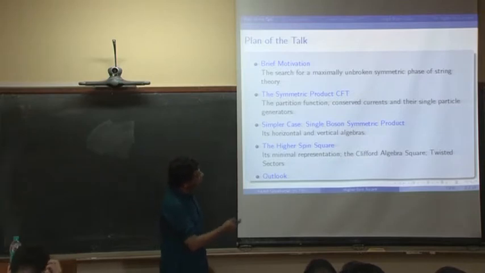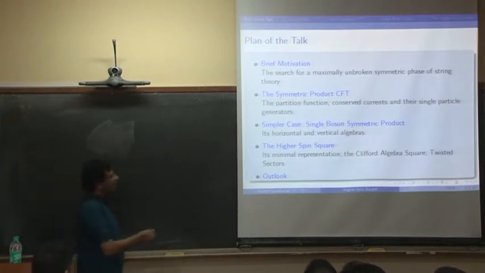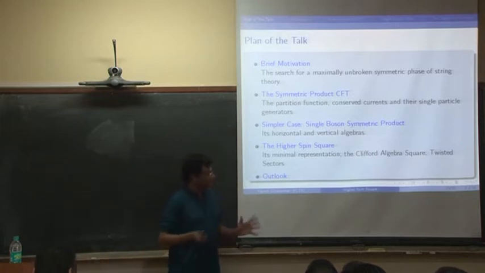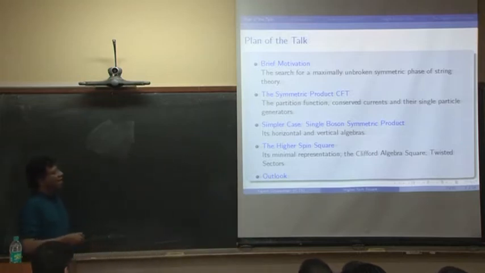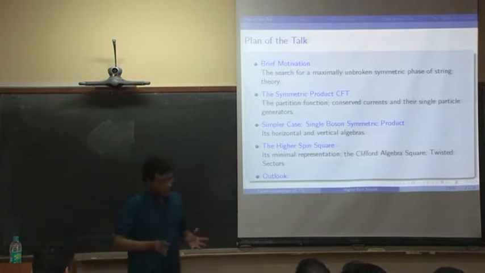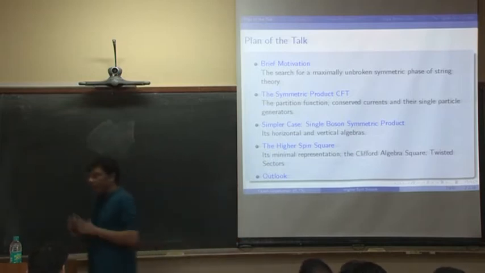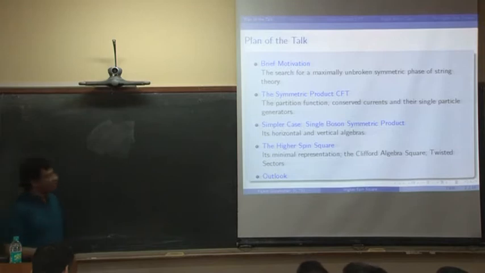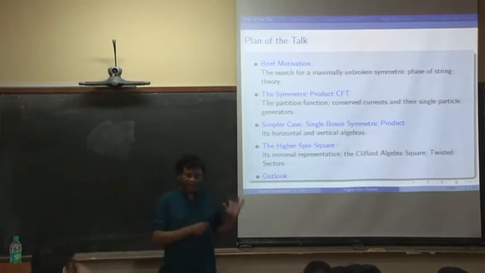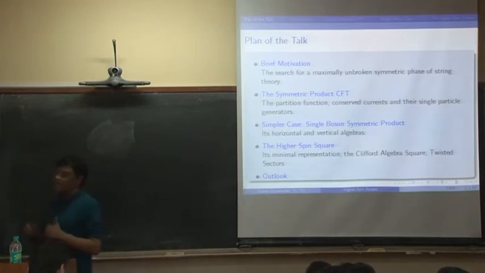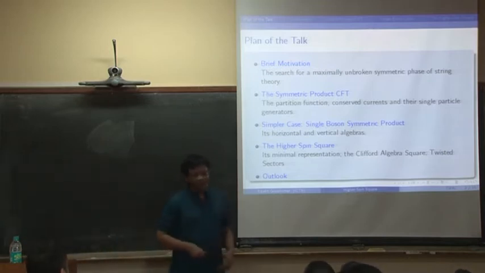In any case, I think there's a finite dimensional analog of this square in terms of the Clifford algebra, which I'll explain to you. But more than its mathematical structure, it's interesting because it gives you a potential handle to exploit this symmetry for the string theory.